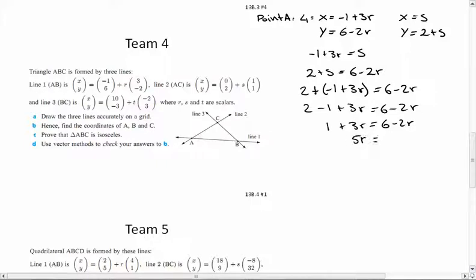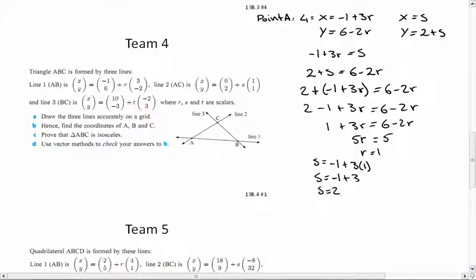So 5r is 5, so r equals 1. Then you would have to go and find s. You plug in r, so s equals 1 plus 3, so s is 2.